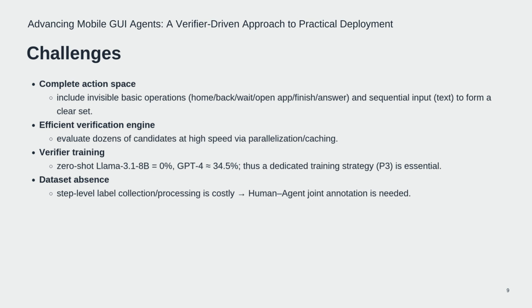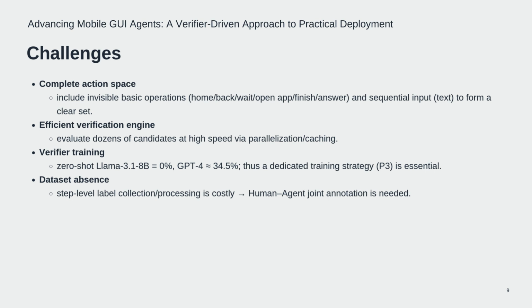First, complete action space. How do they ensure the agent's action space is comprehensive? They realized the agent must consider not just the obvious UI element interactions, but also invisible or implicit actions. For example, pressing Android home or back buttons, waiting for something to load, or confirming a dialog like allow or yes or no prompts.